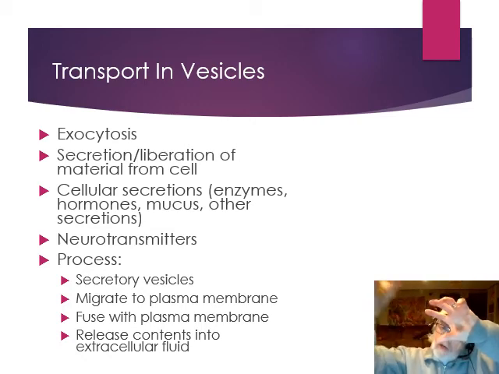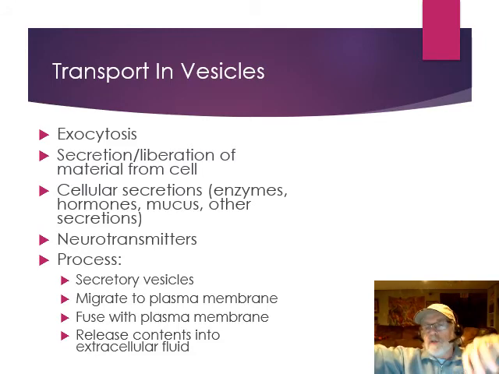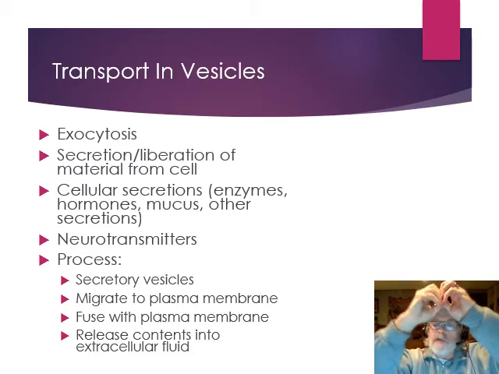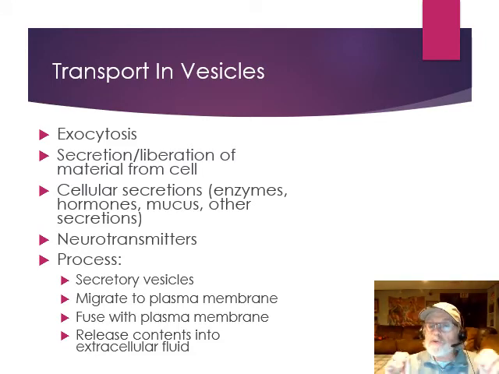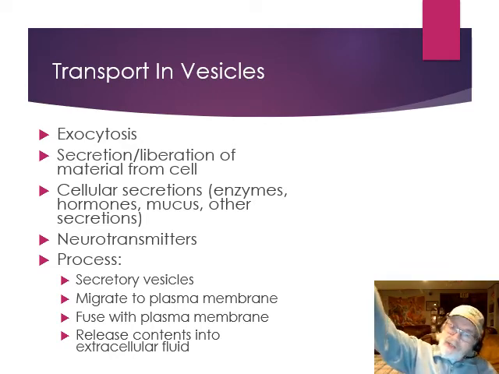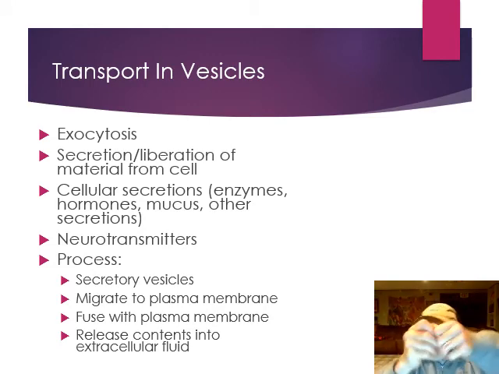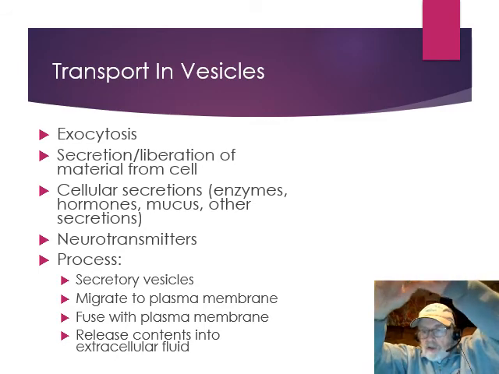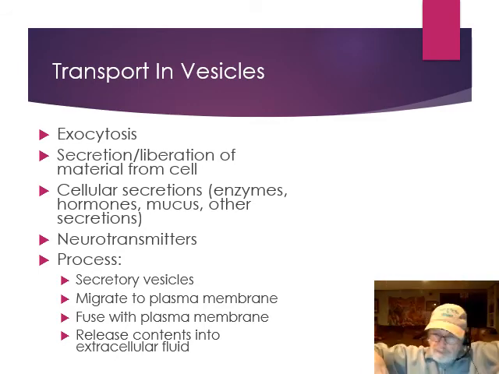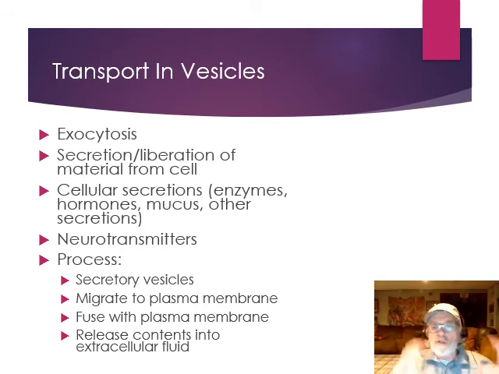That bubble then migrates to the surface of the cell membrane and fuses with the cell membrane. Eventually, the cell membrane opens to the outside, the opposite way that we see with endocytosis. So in endocytosis, something fuses to the extracellular side of the membrane, the cell membrane folds up around it, fuses, and pops it inside. In exocytosis, things inside the cell are put together in a bubble.